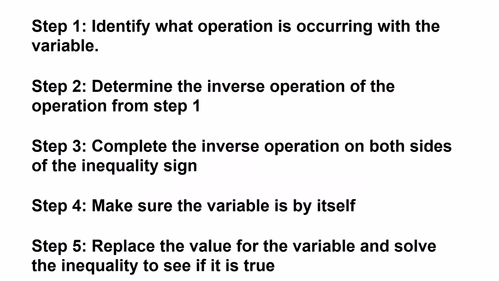Then we will complete the inverse operation on both sides of the inequality, isolating the variable. And then we'll make sure that our variable is isolated by itself, and we'll place this on the number line. And we can even go back and check our work by putting our solution in for our variable and seeing if it's correct. Let's get started.